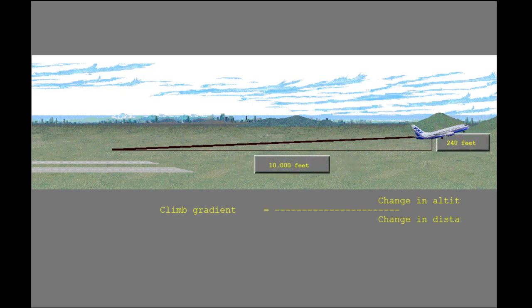To start, let's first define climb gradient. The climb gradient is the ratio of the increase in altitude to the horizontal distance. In this example, the increase in altitude is 240 feet and the horizontal distance covered is 10,000 feet. The climb gradient is 240 divided by 10,000, which equals 0.024.